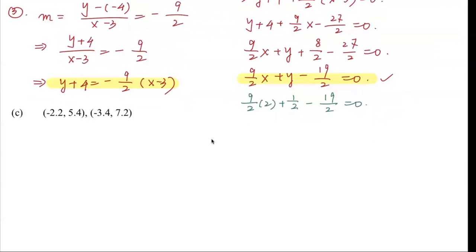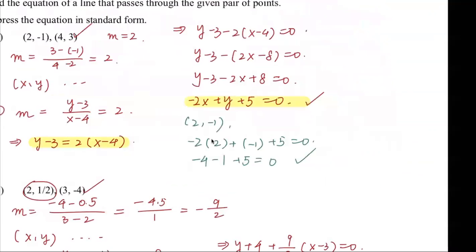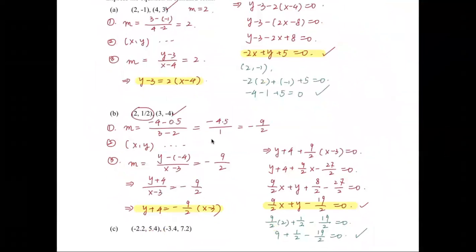So we have 9 over 2 times 2, that's just 9. 9 plus 1 over 2 minus 19 over 2 is equal to 0. So 9 is equal to 18 over 2, right? 18 over 2 plus 1 over 2, that's 19 over 2. 19 over 2 minus 19 over 2 is equal to 0. So this means our expression is correct. Okay, it's correct. So I showed you 2 examples.